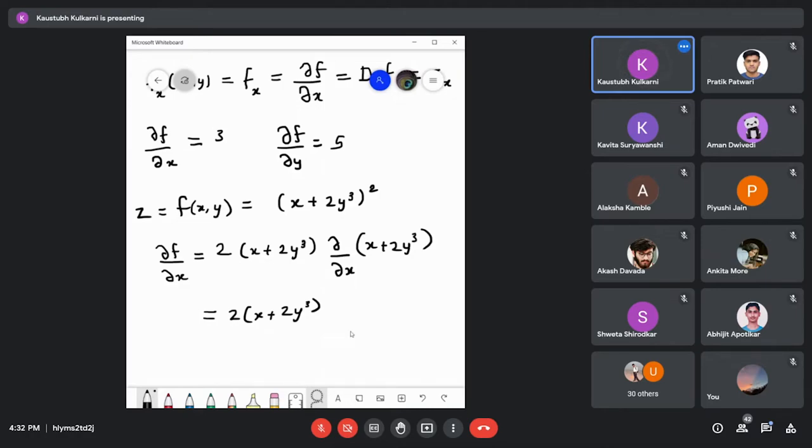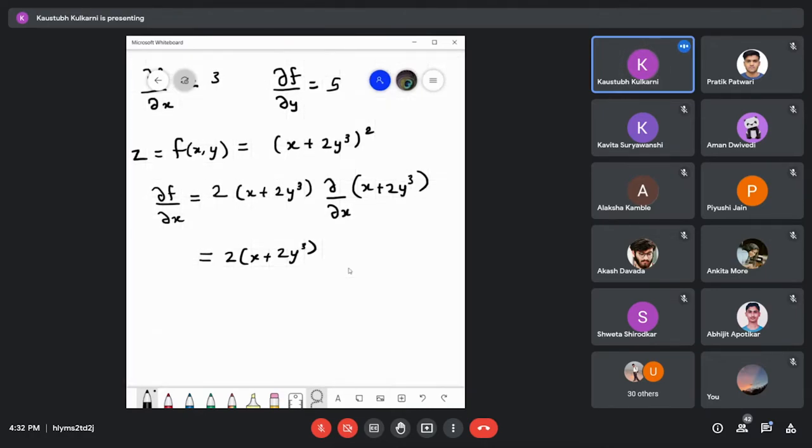Similarly, when finding the partial derivative with respect to y, it will be 2 times x plus 2y cube, dou by dou y of x plus 2y cube. Now the derivative of y cube will be 3y square multiplied by 2, 6y square.